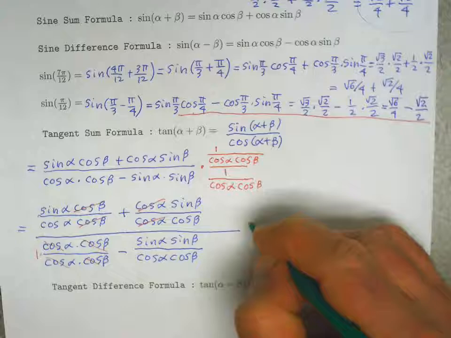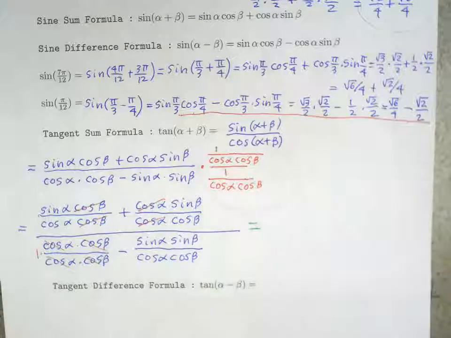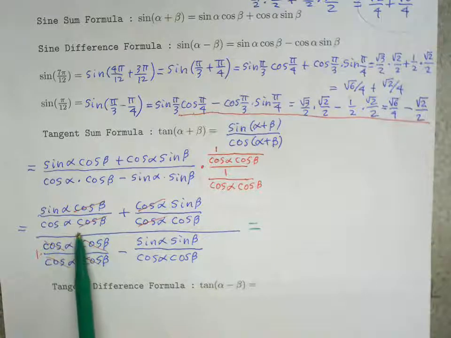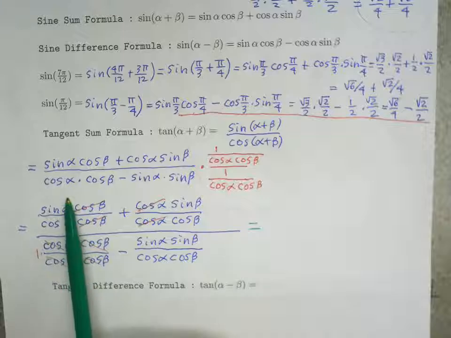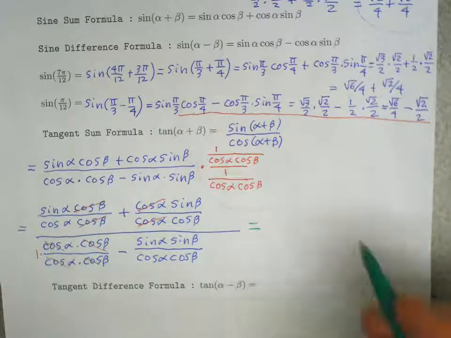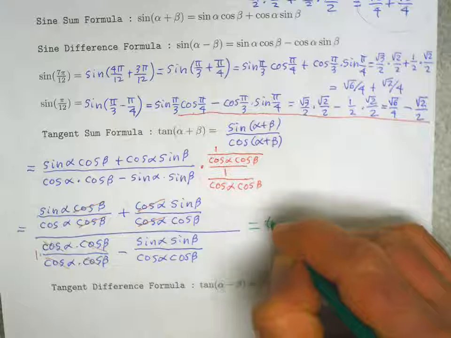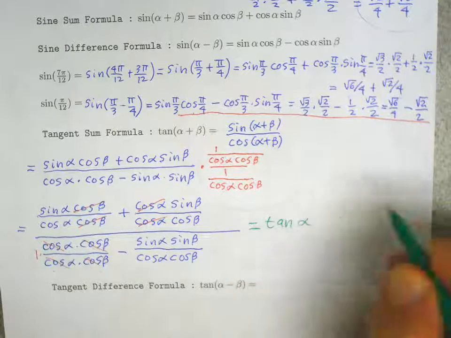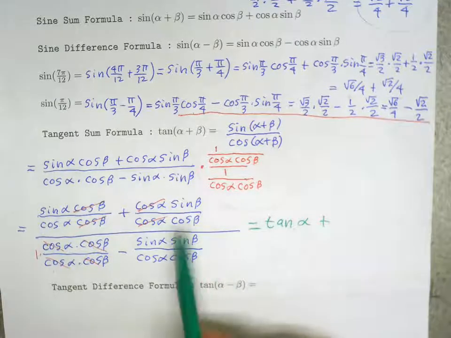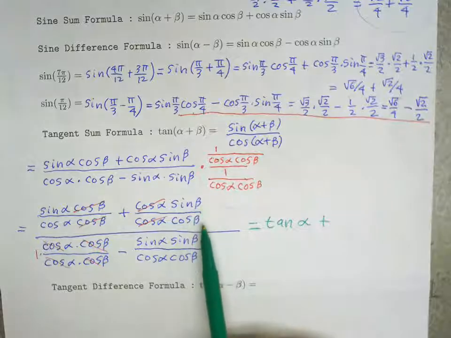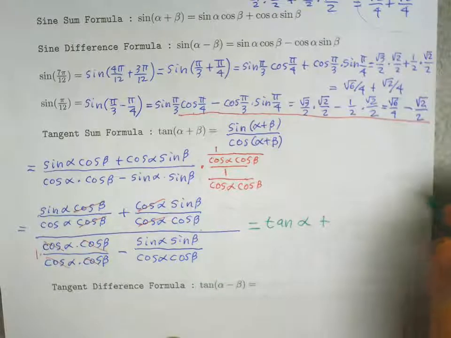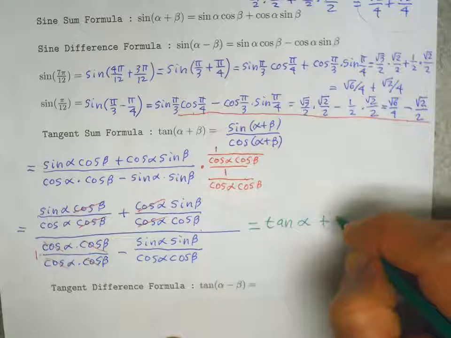Now we can write down the simplified form. In the upper left part of the numerator, sine of alpha divided by cosine of alpha is equal to tangent of alpha. And then we're adding that to sine of beta over cosine of beta, but that's just tangent of beta.